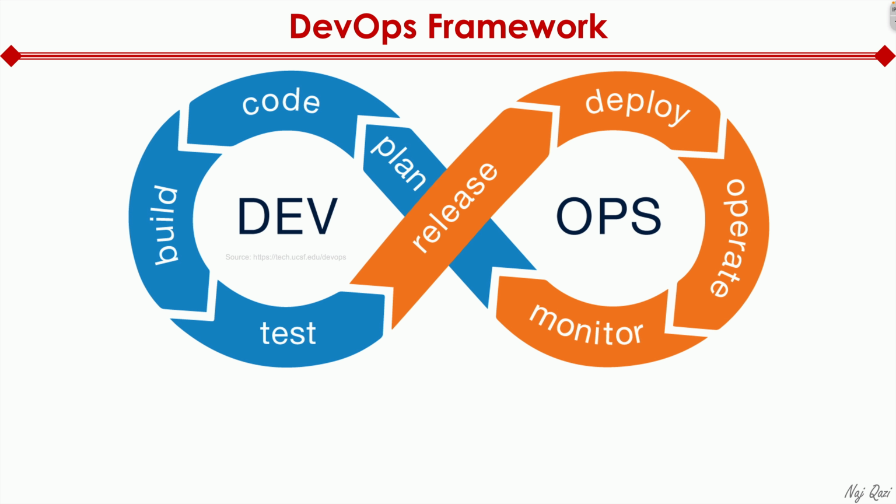So now let me zoom into the DevOps framework. So here, once again, like I said, we're bringing the development team and the network operations team together. So what happens is, the first thing that happens is the development team comes up with a game plan. They think of or conceive of an application they want to design. So they go through the planning phase.